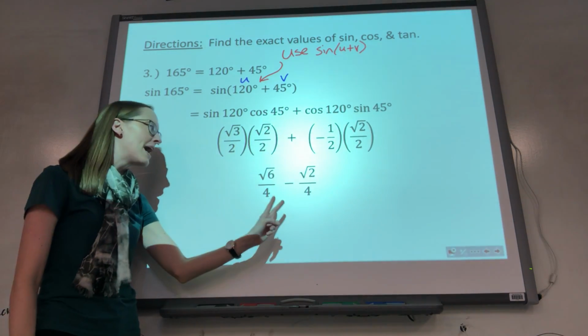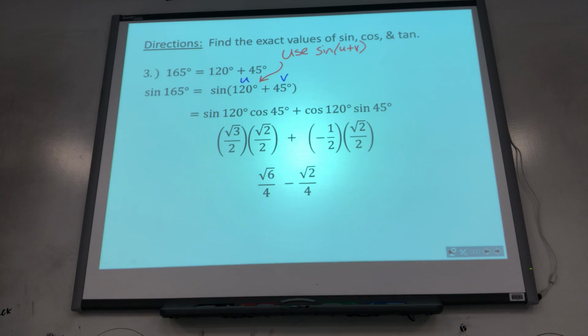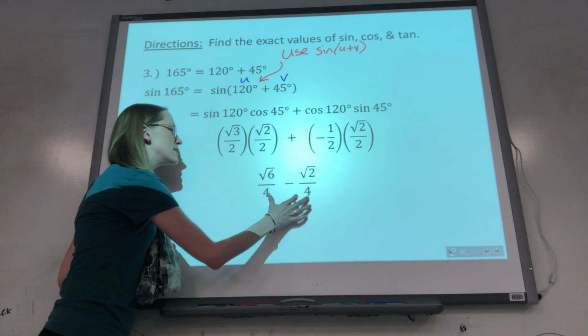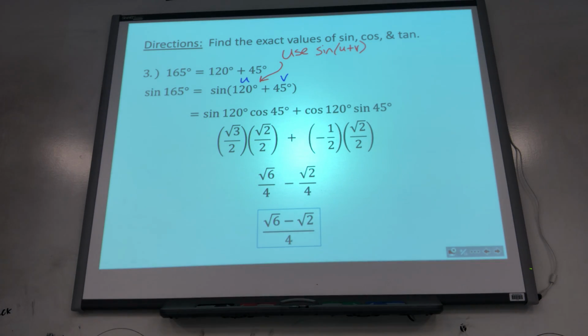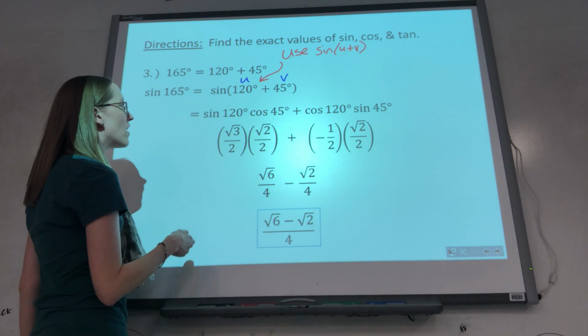I'm just going to put minus square root of 2 over 4. Then keep the denominator the same, and you can put square root of 6 minus square root of 2 all over 4. Sum and difference formulas are helpful when you are working with an angle that you're not as familiar with. 165 was not a real nice angle, but 120 and 45 are.